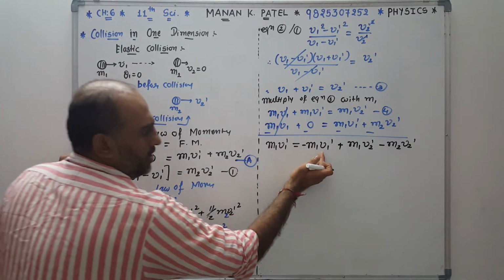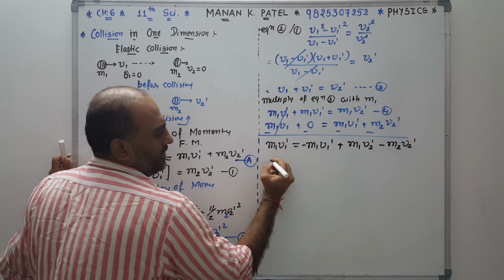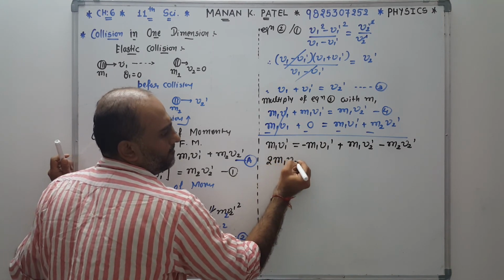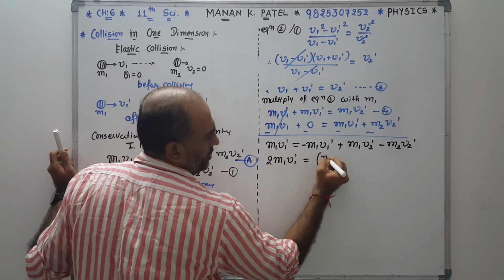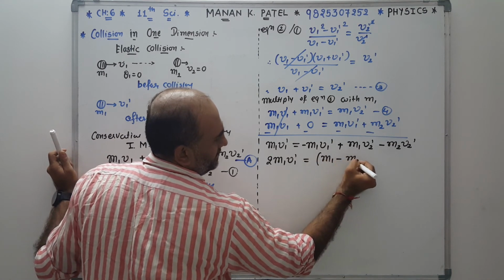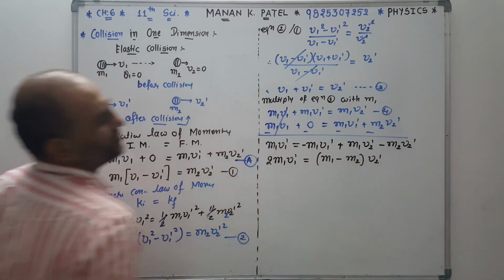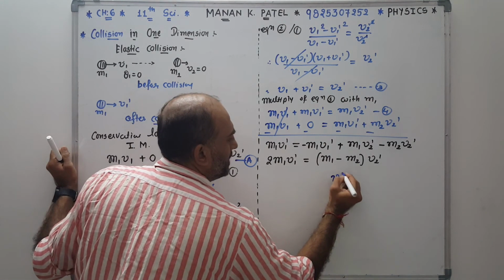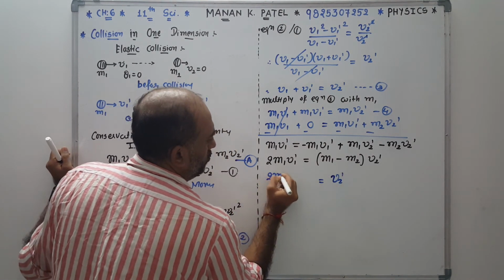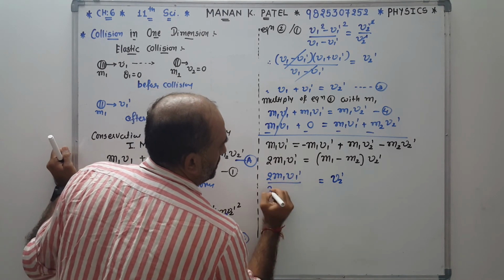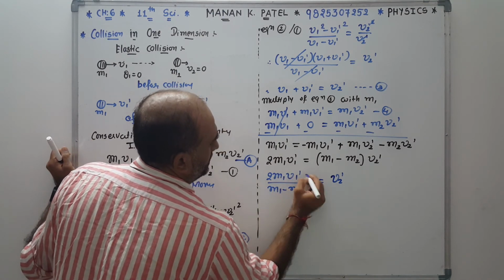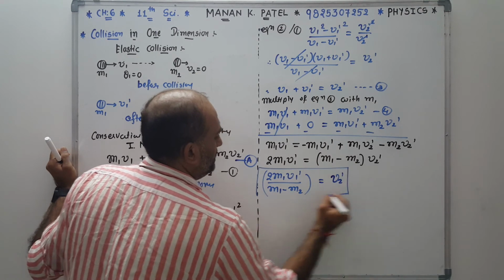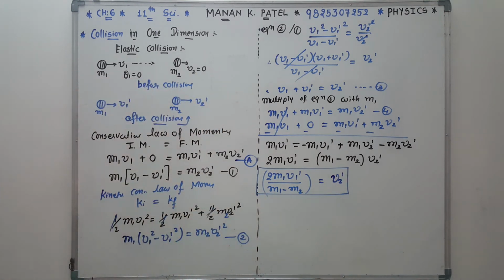So we get (m1 minus m2) v2 dash. So now v2 dash equals 2 m1 v1 dash by m1 minus m2. This is the final velocity after the collision.